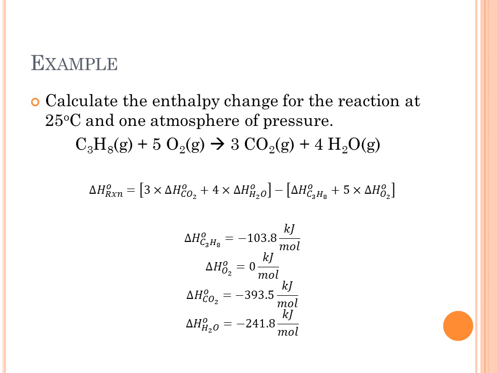Again, these values may vary a little bit depending on what source your textbook or resource pulled this data from. Sometimes these values do vary a little bit depending on whose book you're reading, but they should be pretty close to what I've listed here. Negative 103.8 kilojoules per mole for propane, 0 for the oxygen, as we mentioned, negative 393.5 for the CO2, and negative 241.8 for the water.